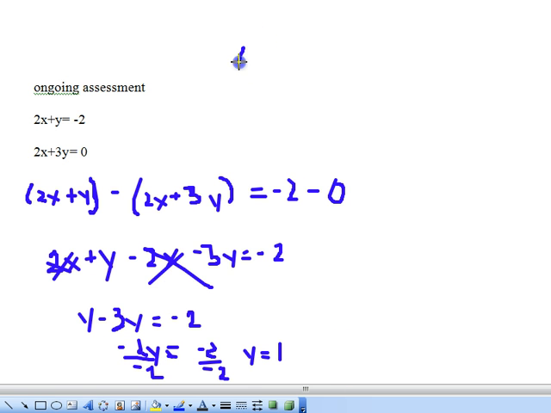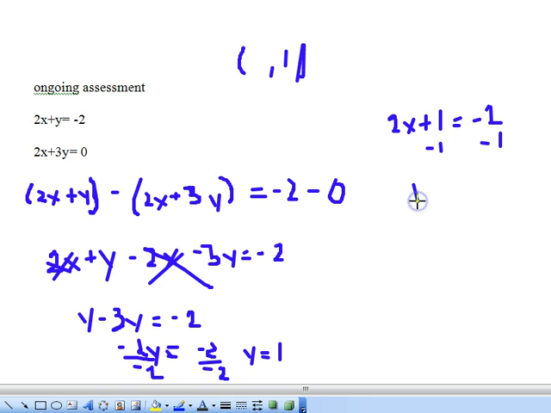So for your solution, you can come up here and put that 1 in there because you know y is going to be equal to 1. Then you go to your original equations and put in 1 for y in either of the equations, and you get 2x plus 1 is equal to negative 2. And then we're going to solve for x, so we're going to subtract 1 from both sides.